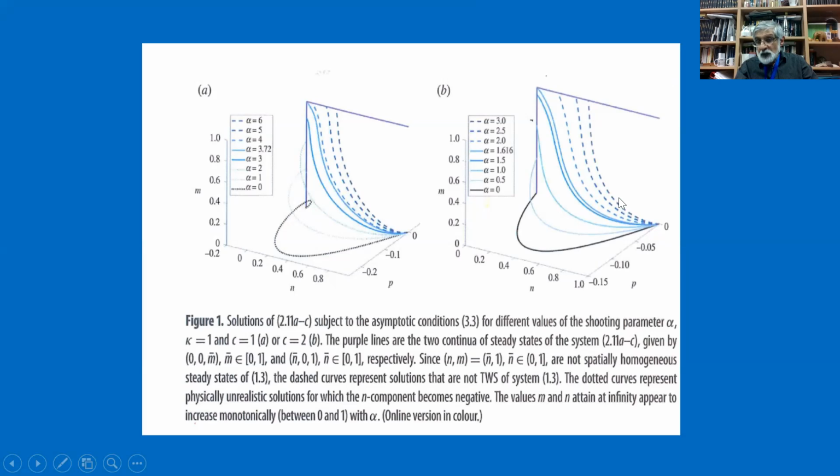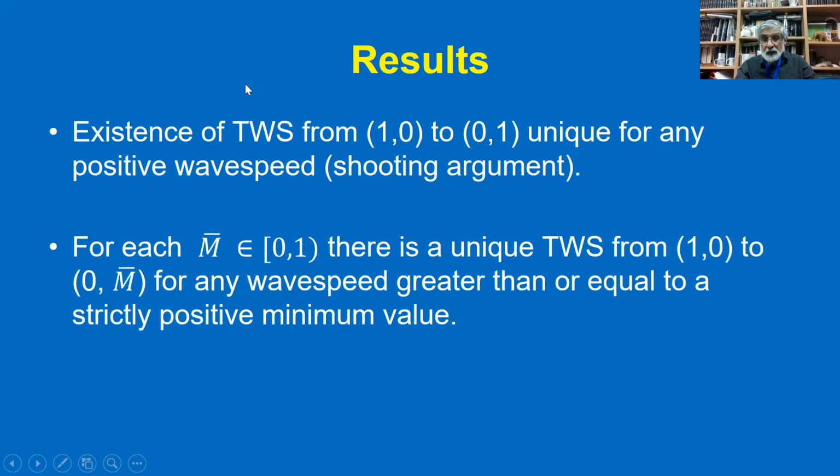So by doing shooting arguments, what we ended up proving was the existence of traveling waves from n equals 1, m equals 0. So that means all cells, no matrix, far ahead of the wave, no cells, all matrix. And these seem to be unique for any positive wave speed.